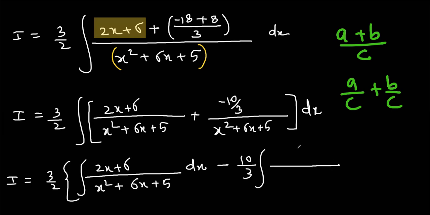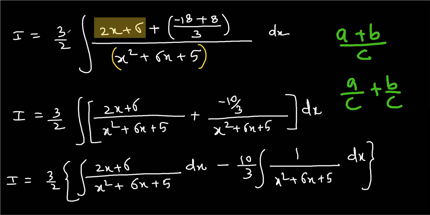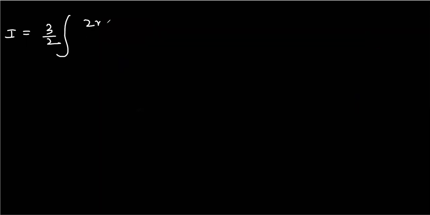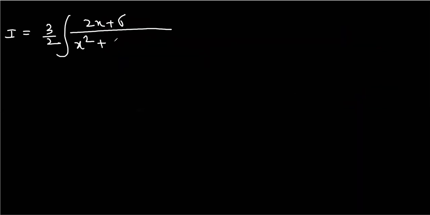So I'm left with 1 upon x square plus 6x plus 5 dx. Next step, I multiply this 3 by 2 inside. Therefore I equals 3 upon 2 integral of 2x plus 6 upon x square plus 6x plus 5 dx.